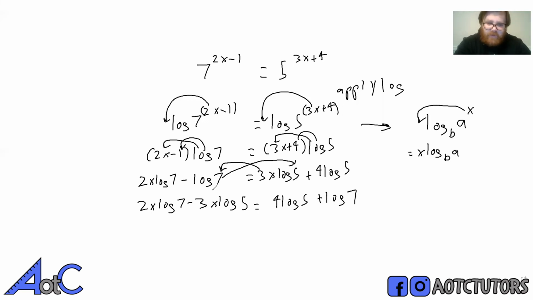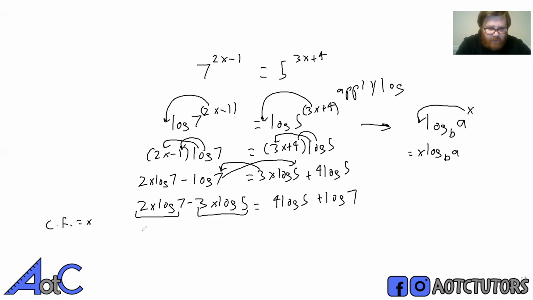All right. From here, we have to remember our factoring techniques. Usually in a simpler linear equation, I would just combine like terms by adding or subtracting the coefficients in front. However, these terms are more complicated. It's tough for me to add 2 log 7 and then subtract 3 log 5. What I can notice is that both of these terms have a common factor of x.